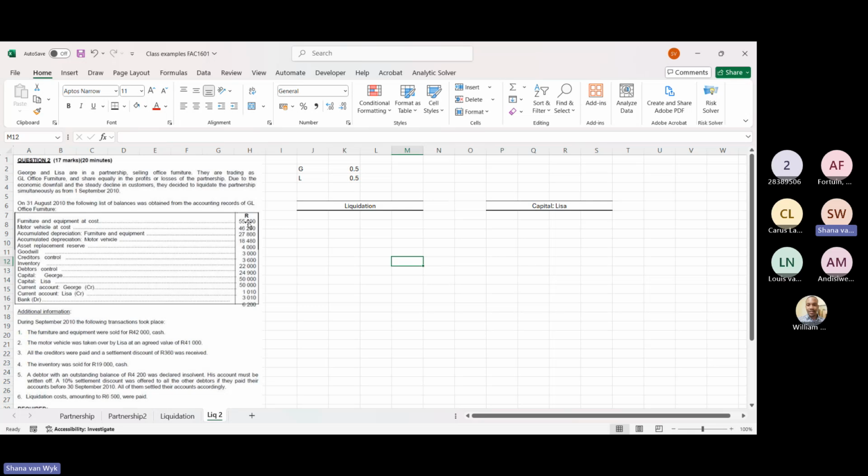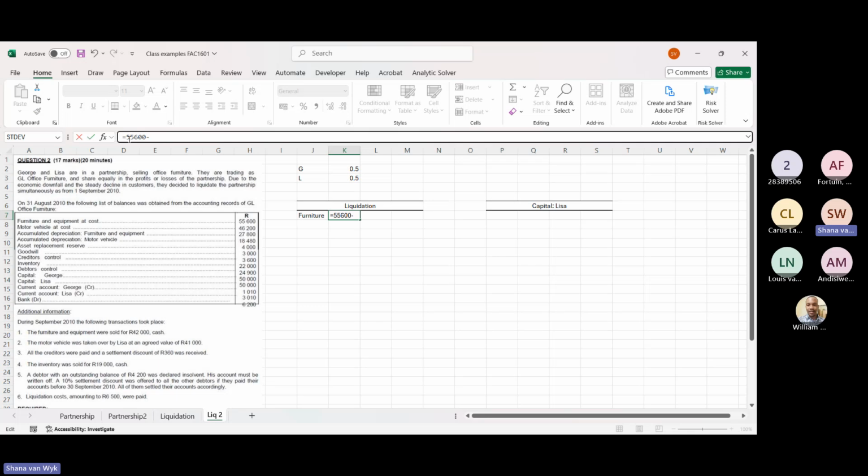So, no sorry, I guess this is at fair value. Let me just quickly check. We know furniture at cost is a debit, so we're going to credit it and debit the liquidation. So this would have been like this, and then I'm just going to subtract the accumulated depreciation to get there.